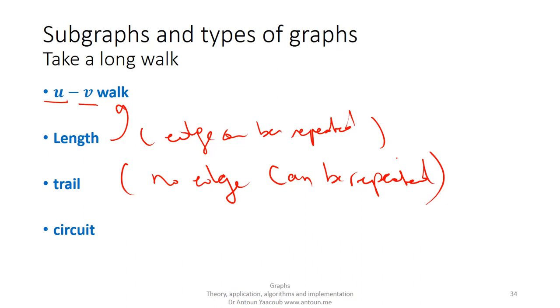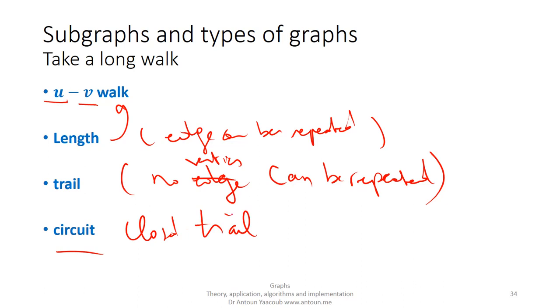The number of edges in a UV walk is called its length. A trail is when we have no repetition of edges. And we say that a circuit is a closed trail. Whenever we start and end at the same vertex, it's a circuit.